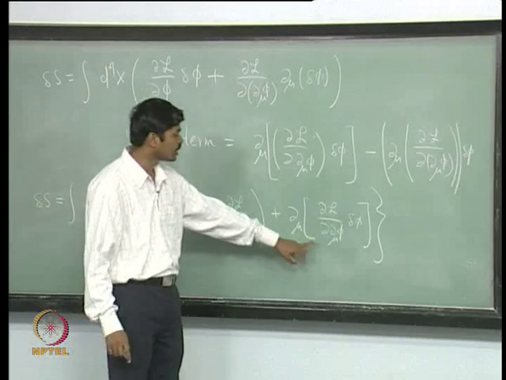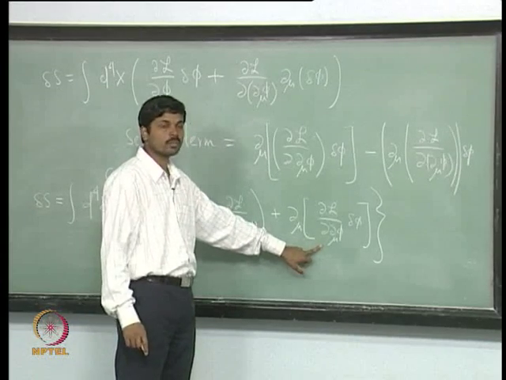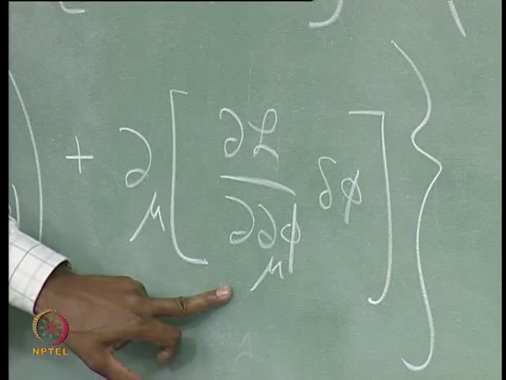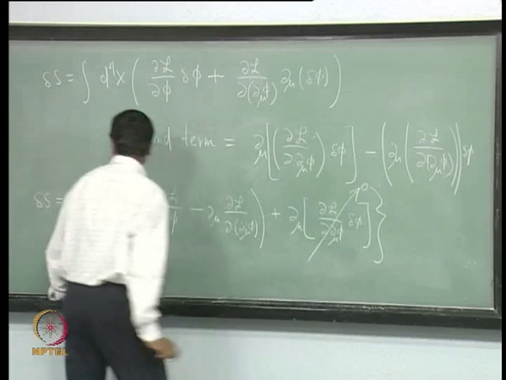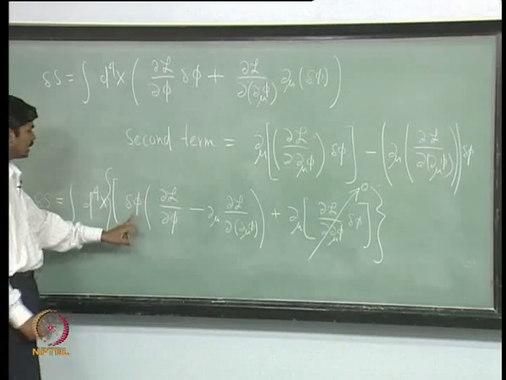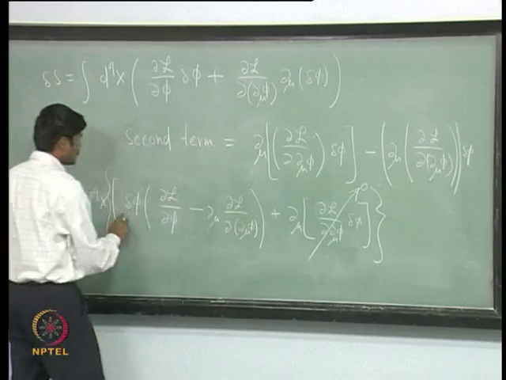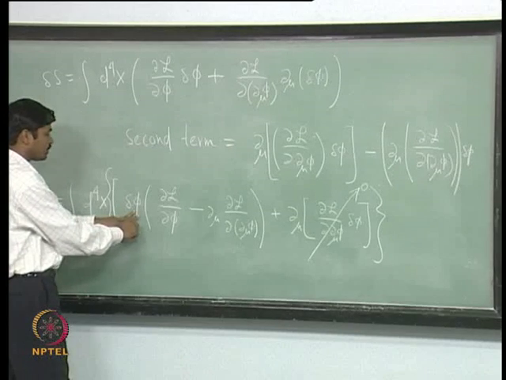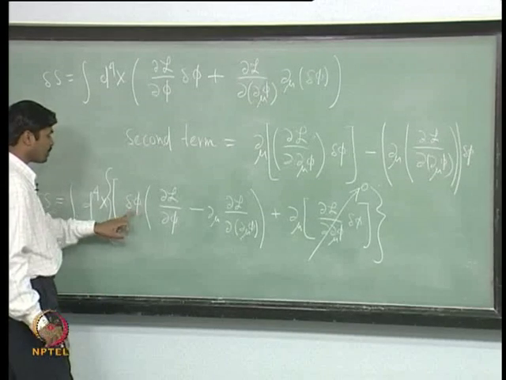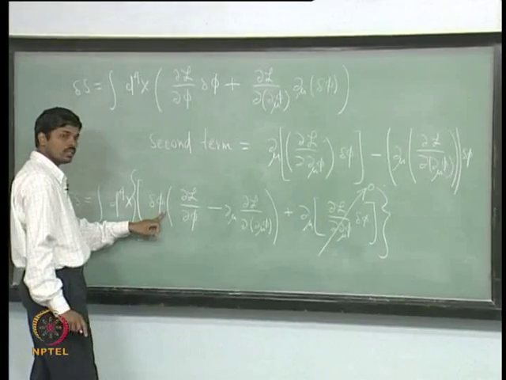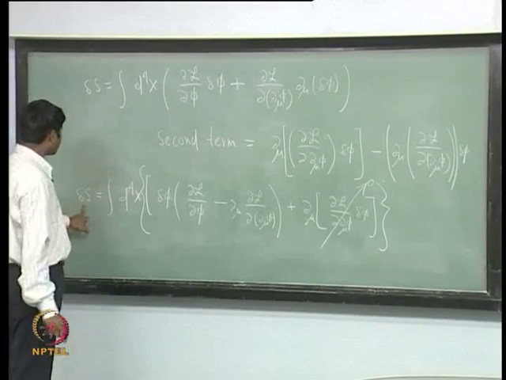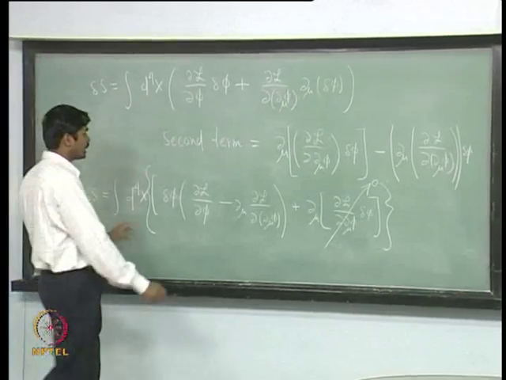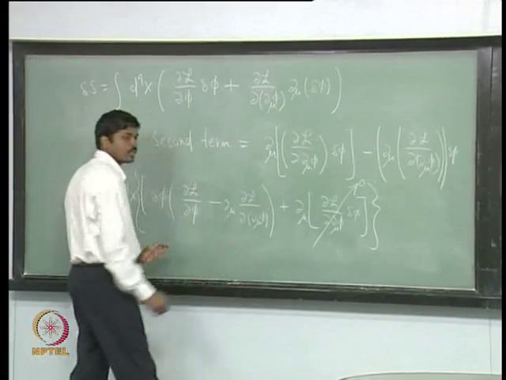Therefore, the contribution of this total derivative term is 0, and hence the variation of the action depends only on the term which is multiplied by delta phi. Delta phi is an arbitrary infinitesimal variation, and hence delta S will be 0 if and only if the quantity in the bracket is 0.